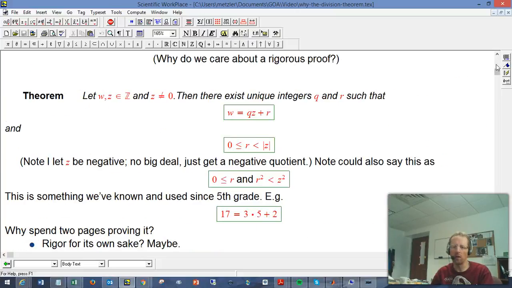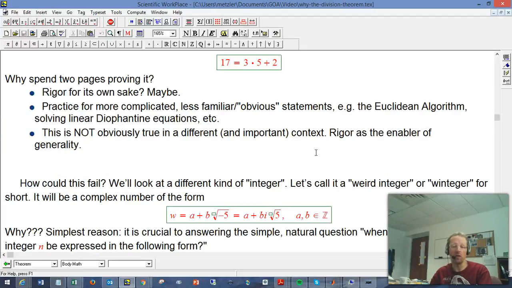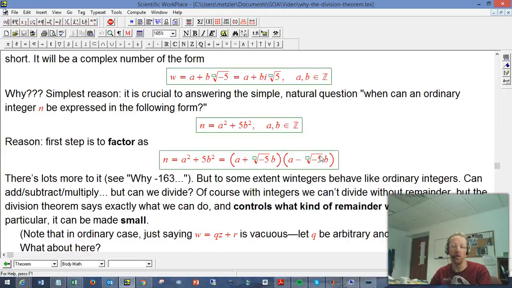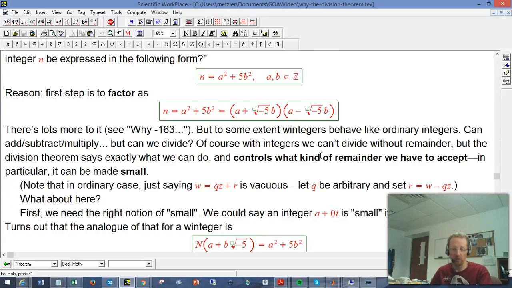So let's go back to that theorem, and this is something that the book does a pretty good job of getting you into, about what's subtle about the division theorem, even for integers. It says you can take an integer w, you can try to divide it by q, and you will fail most of the time, but the remainder that you get can be chosen to be smaller than the divisor. Why is that so important? If you didn't have that last proviso, this would be a trivial statement.